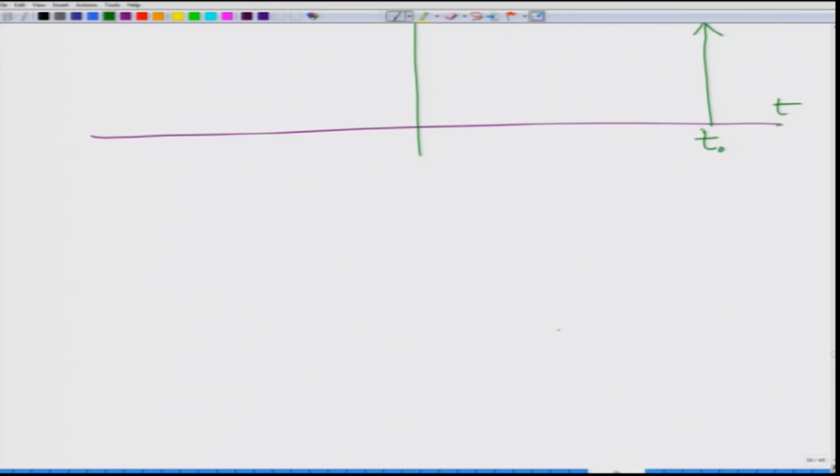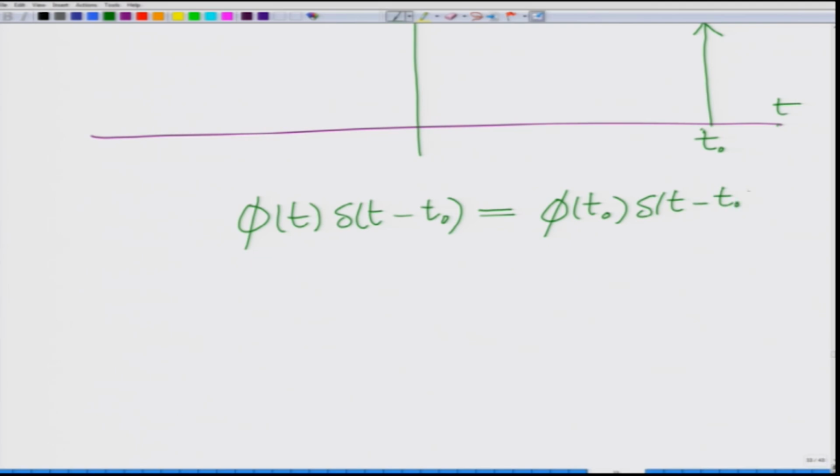So naturally, phi of t into delta t minus t naught, since delta t minus t naught is 0 for all t not equal to t naught, is simply phi of t naught into delta t minus t naught, correct. This is obviously for any function phi of t continuous at t equal to t naught.